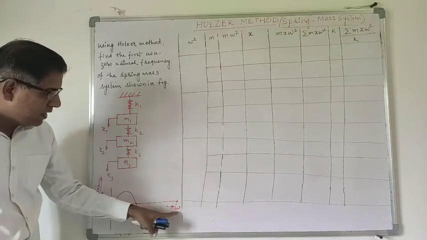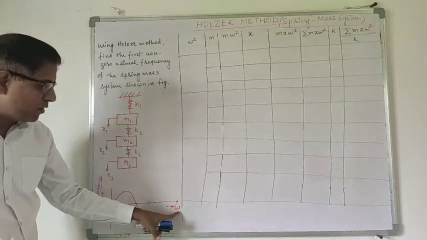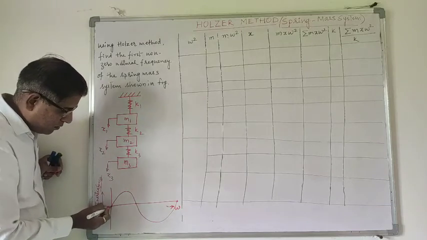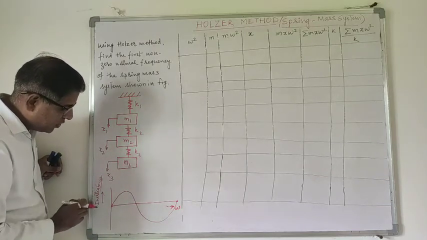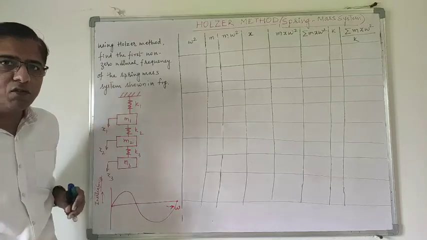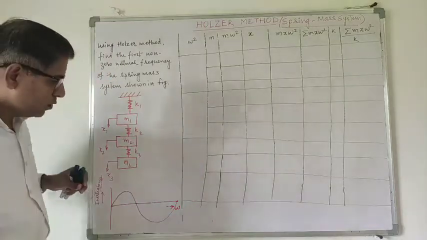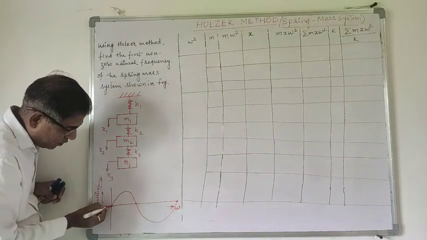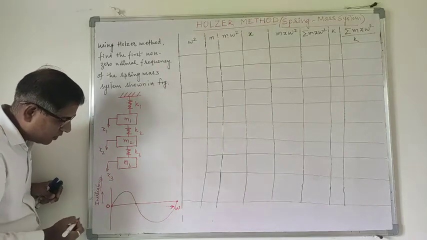So horizontal line indicates the natural frequency, and we know that whenever the sum of inertia force is equal to 0, that will give you the natural frequency. So this is 0.